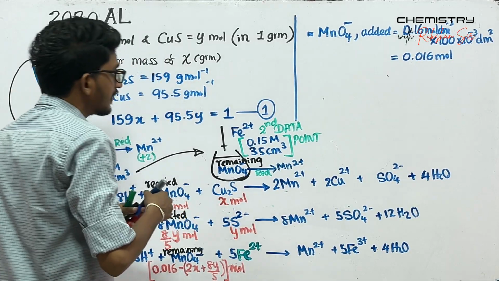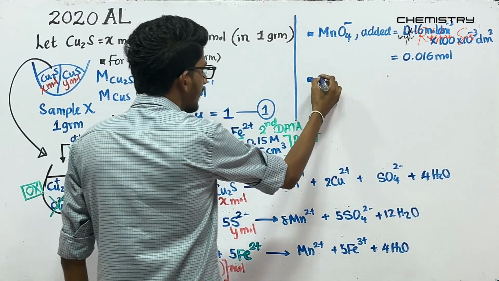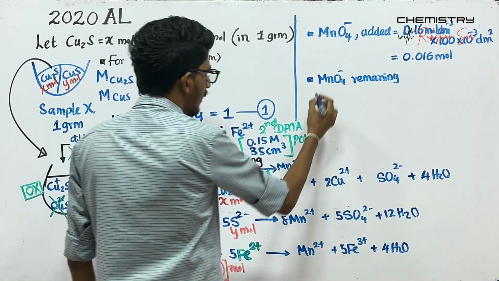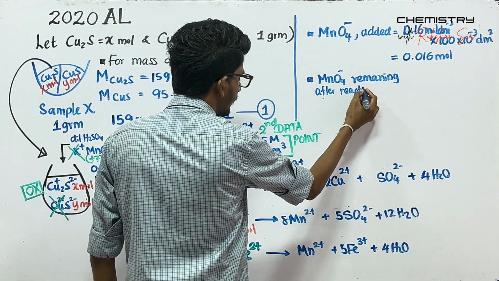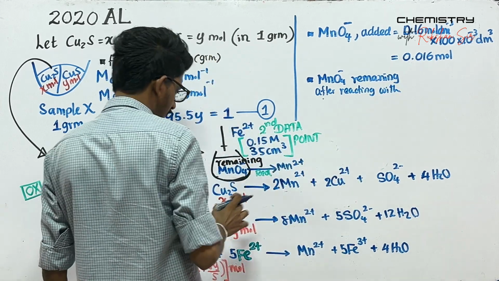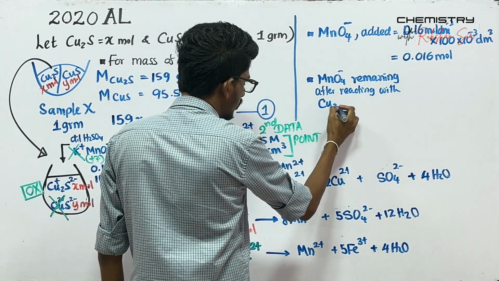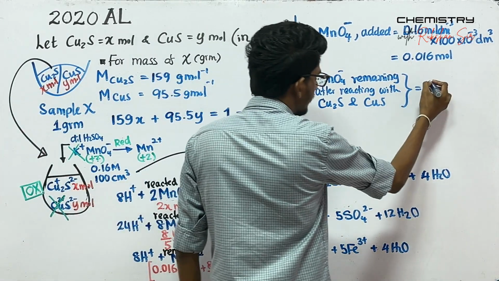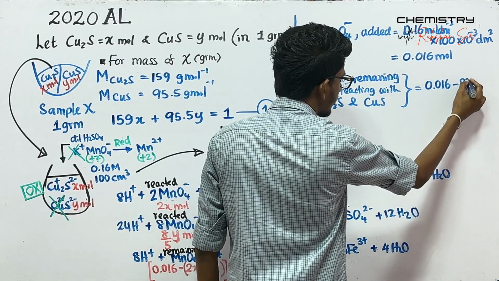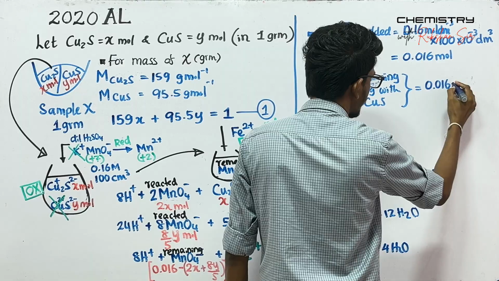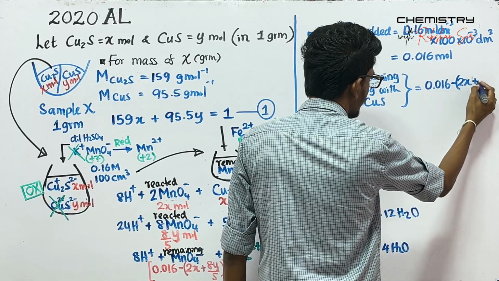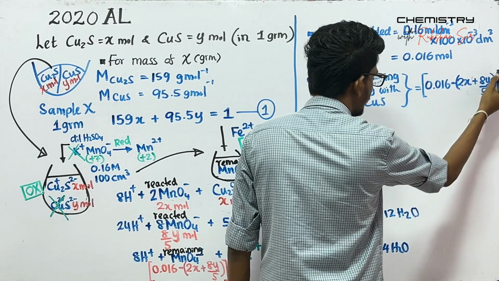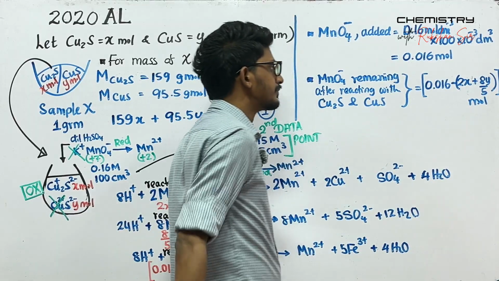So we can say the MnO4 minus remaining after reacting with Cu2S and CuS is equal to this amount, right? 0.016 minus 2x plus 8y by 5, in terms of moles, right?